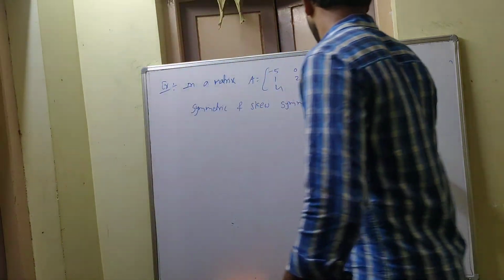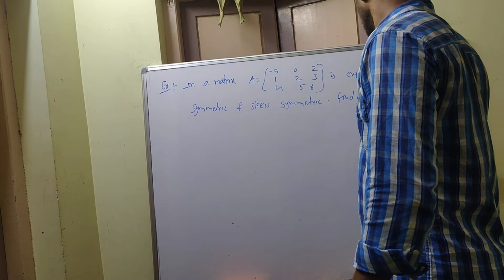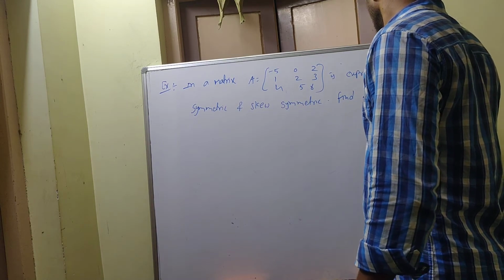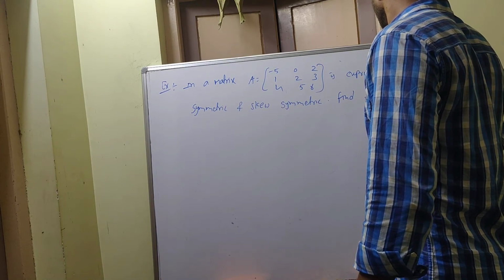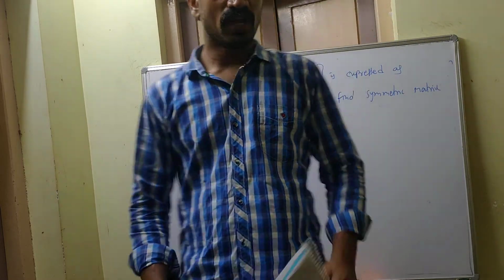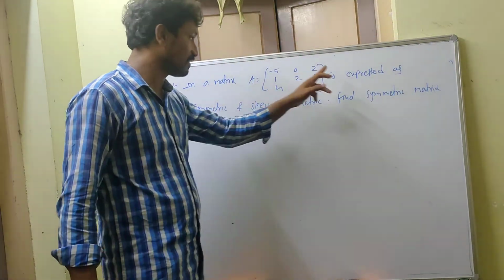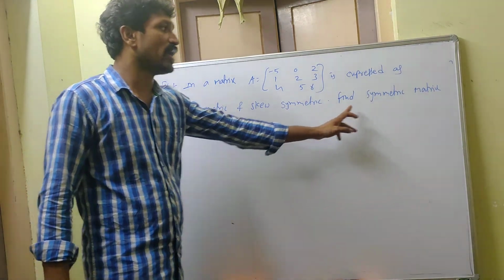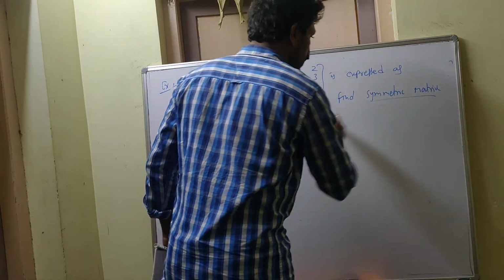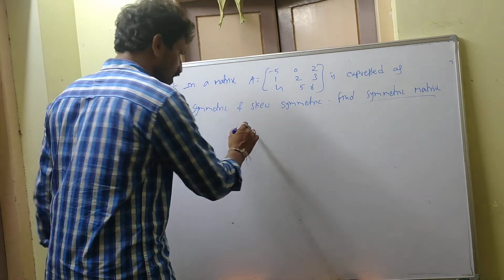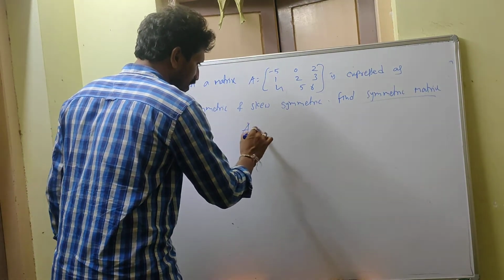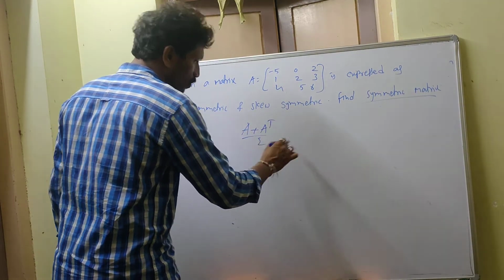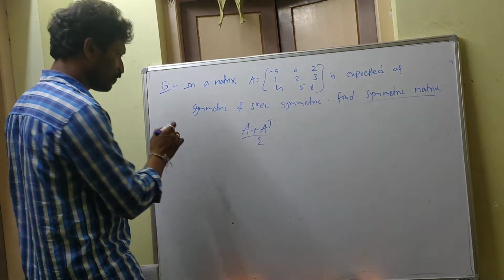Find the symmetric. See, whenever this matrix A is expressed as the sum of symmetric and skew symmetric, find symmetric matrix he is asking. That means indirectly he is asking for A plus A transpose by 2. This is our required answer.